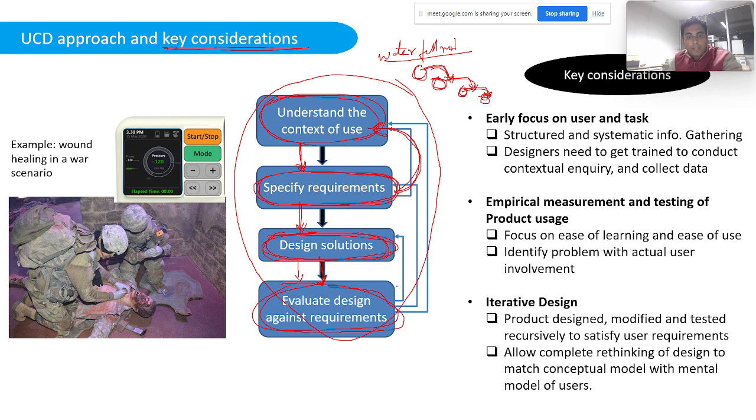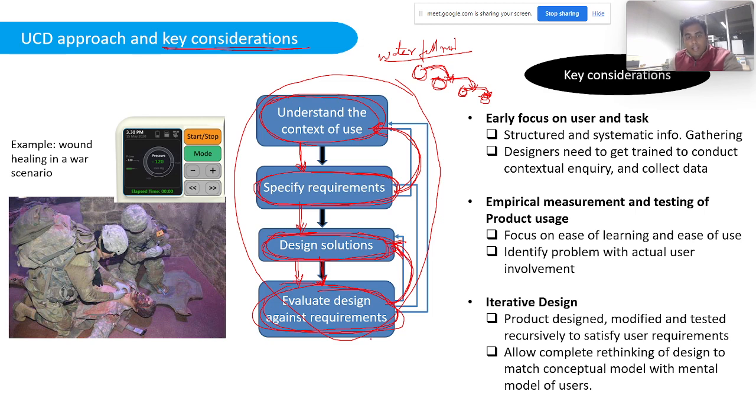During this testing there can be a change in requirements in the design. So the user-centric design process allows change in the design after you test a product or application with users. This is again recursive in nature.